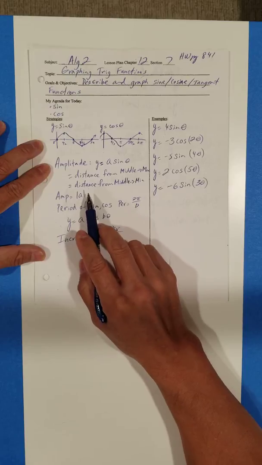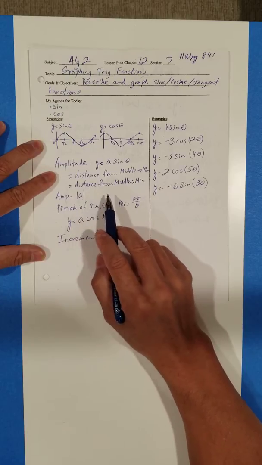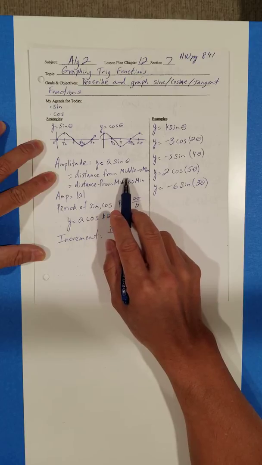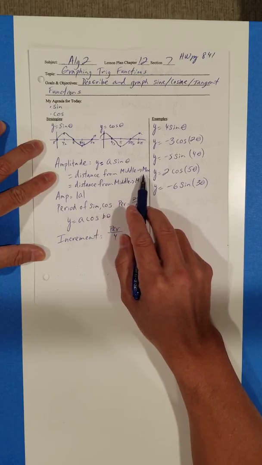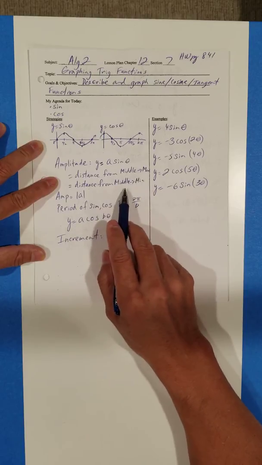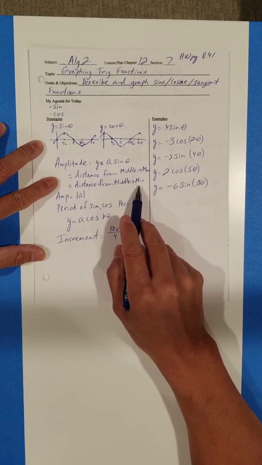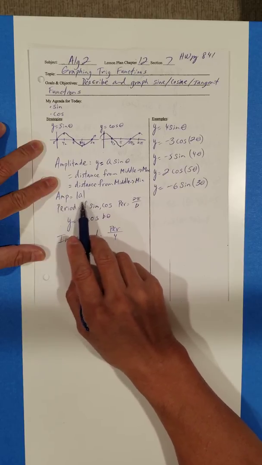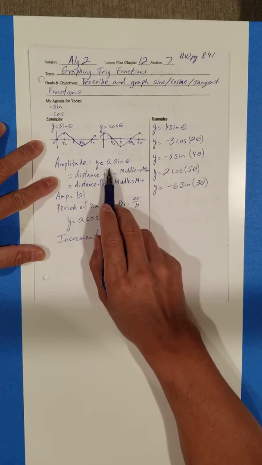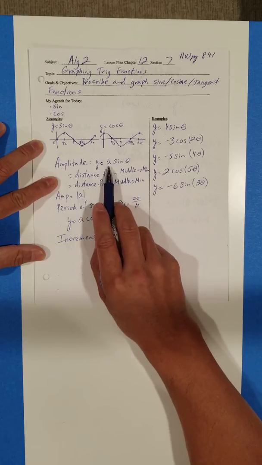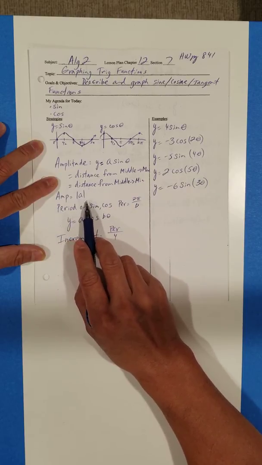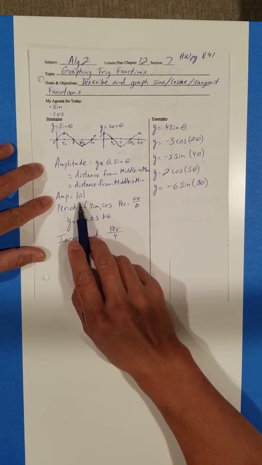That amplitude is the distance from the middle of your graph up to the maximum height of your graph, and it's also the distance from the middle of your graph down to the minimum of your graph. You can calculate the amplitude by taking the absolute value of the number in front of sine or cosine. So whatever the absolute value of a is, that's going to be called the amplitude.